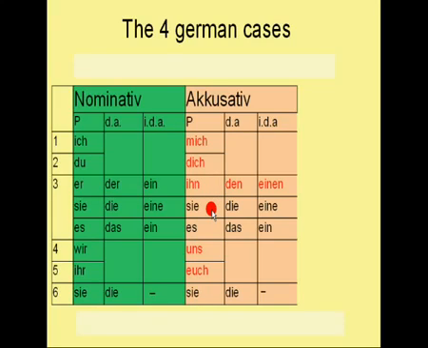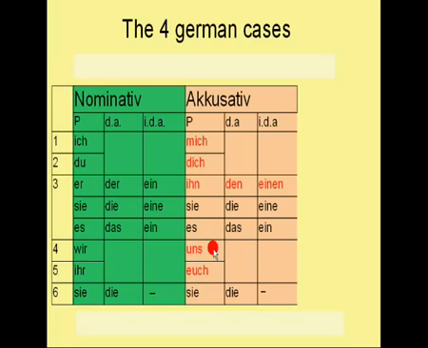For the female version, it's the same, it's sie, just like in the nominative case. And it is also the same for the neuter one, for it. In the nominative case and in the accusative case, it's both the same word, namely es.